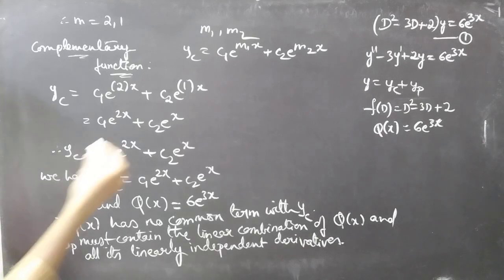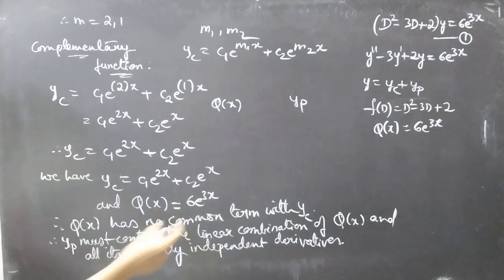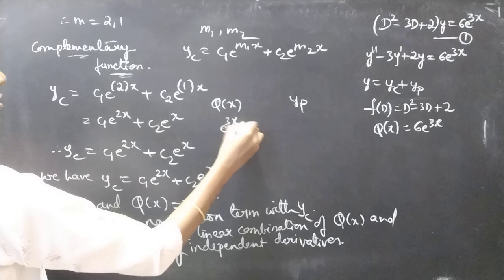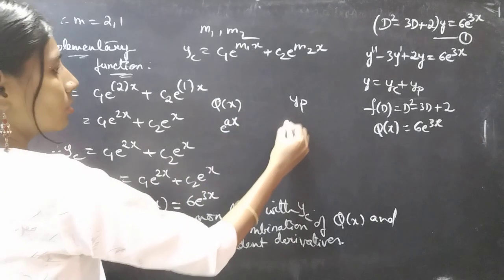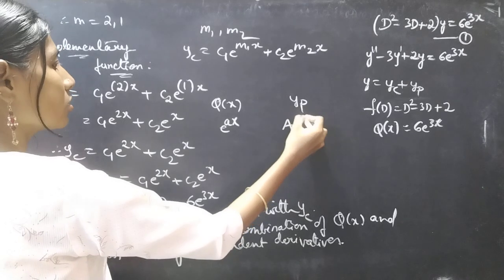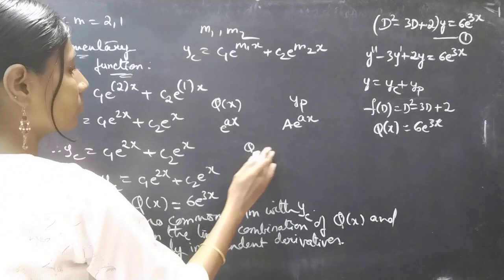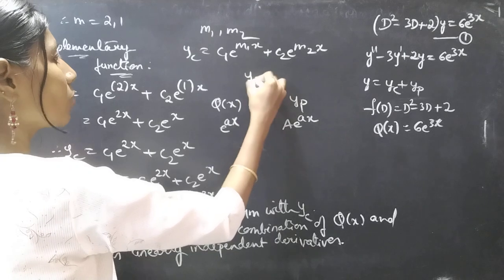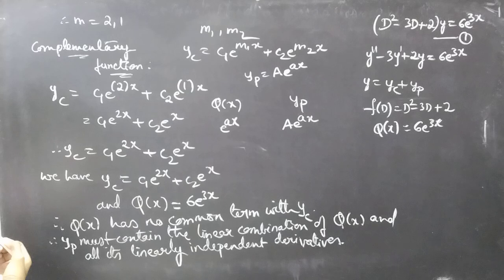Now coming to the formula, when Q(x) = e^(3x), say some e^(ax), then yp will be a constant times e^(ax). This is a direct formula. We can use this formula or we can just make a trial. Suppose we have Q(x), so yp will be, your formula is yp = A e^(ax). Suppose you forget the formula.